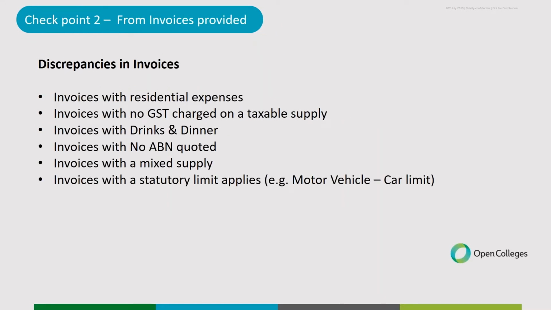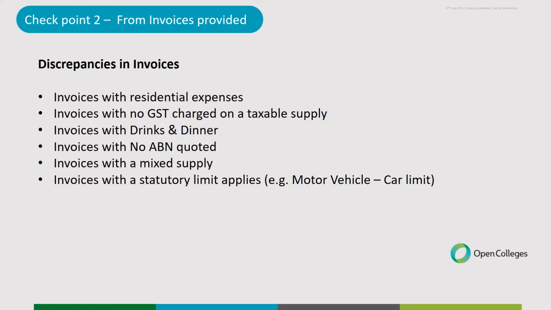Checkpoint number 2 is going to be from the invoices provided at the back of the assessment. You have some invoices with residential expenses, invoices with no GST charged on the invoice, invoices with drinking and dinner, an invoice that does not have an ABN number, and also an invoice with mixed supplies.